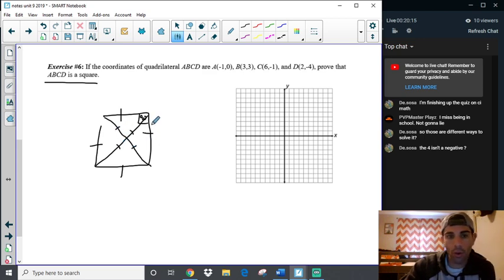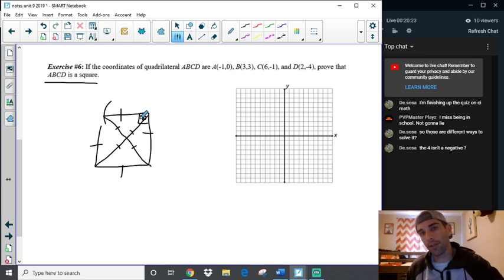So pretty much all of the rules would apply here. If you think about it, it's the same way you did a rectangle, except in the rectangle the opposite sides were congruent, where in the square all of the sides are going to be congruent. So if you have any questions or comments, please leave them for me.